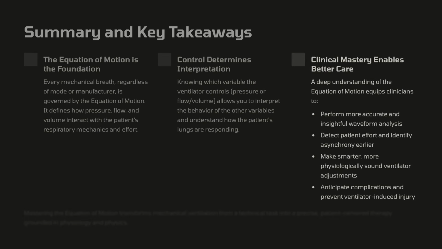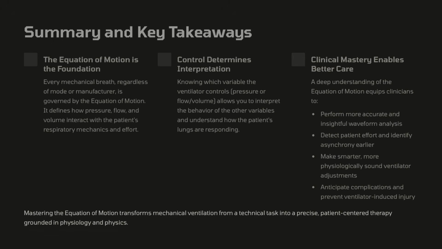A deep understanding of the equation of motion equips the clinician to perform more accurate and insightful waveform analysis, detect patient efforts and identify asynchrony earlier, make smarter and more physiologically sound ventilator adjustments, and anticipate complications and prevent injury. So, mastering the equation of motion transforms mechanical ventilation from a technical task into a precise, patient-centered therapy grounded in physiology and physics. So it has to be grounded in science. Our every decision must be based on science.